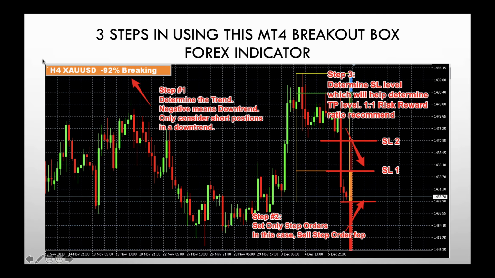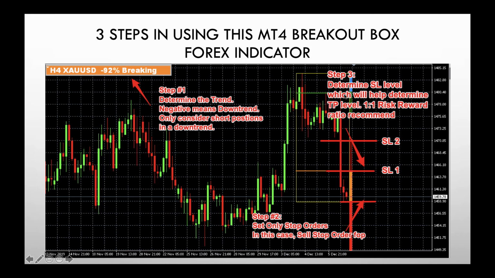Once you know that this is in the downtrend, step two is to place a sell stop order right here at the edge of the box. If it breaks below this box, this is the only time we want to get into position.